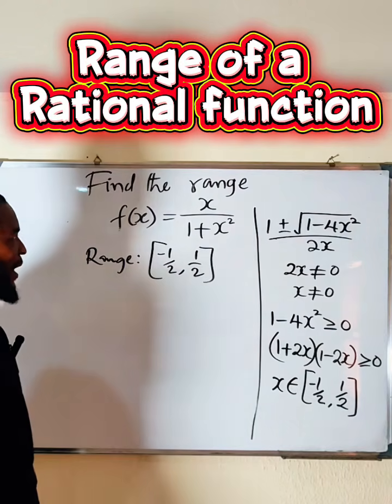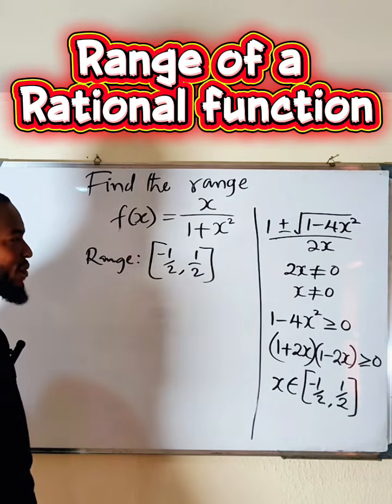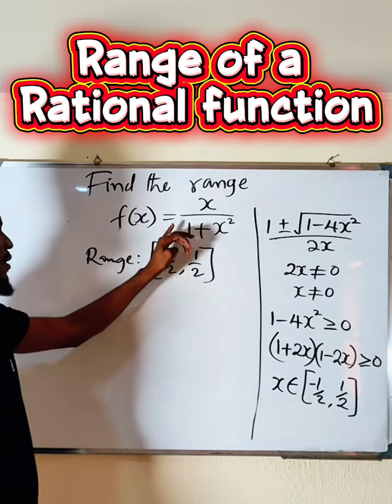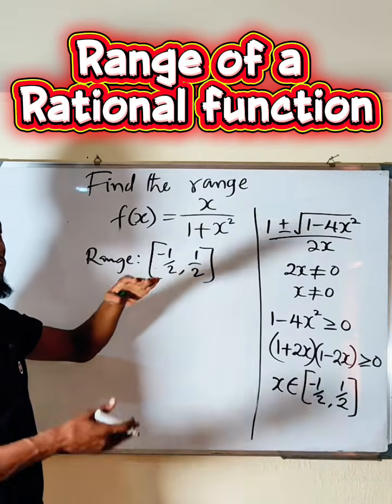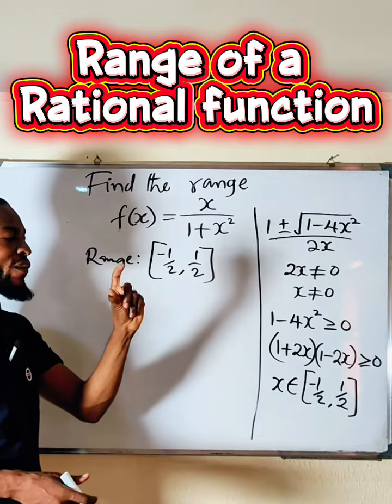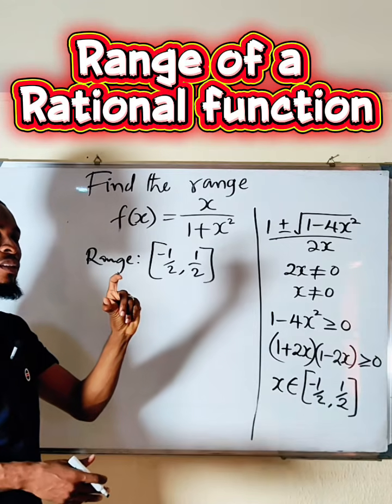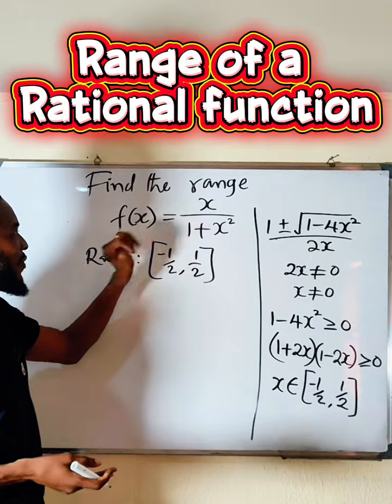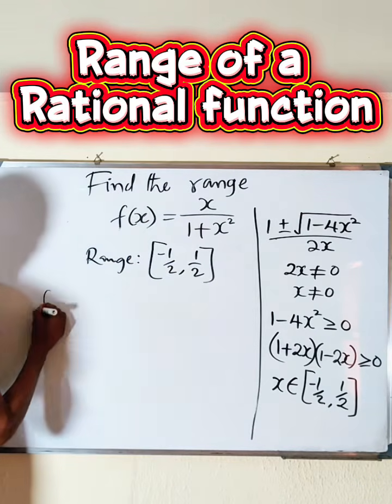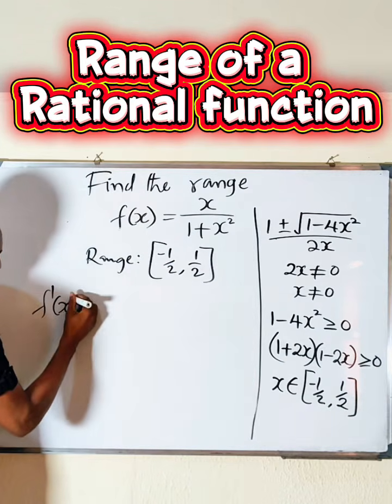Now, let me show you another method. Another method is by use of calculus. We can use differential calculus to determine the range. And we have to find the values of x that determine the maximum and the minimum value of this function. So if you take f prime of x, you differentiate it.